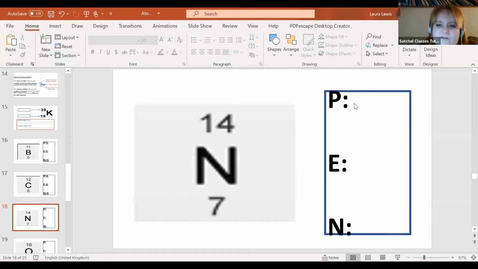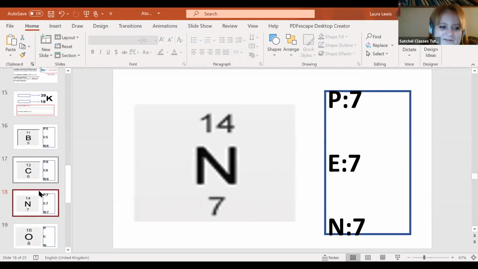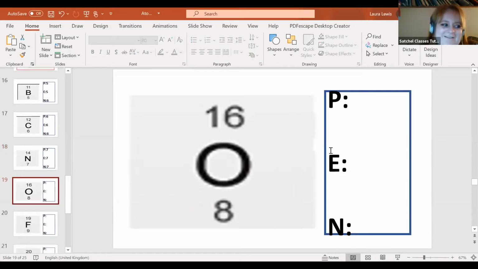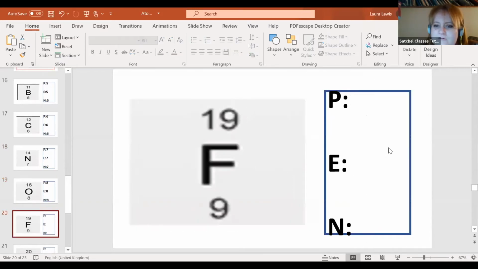Nitrogen, same story. Protons, 7. Electrons, 7. Neutrons, 7. Chemistry is very easy. Protons for oxygen, 8. Electrons, 8. 8 plus something is 16, so 8. A bit of a math lesson as well.